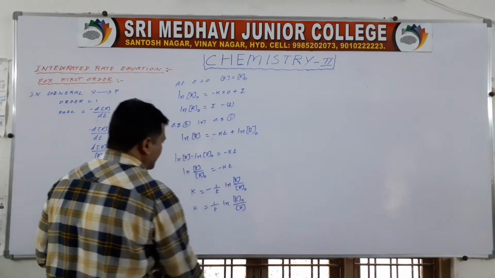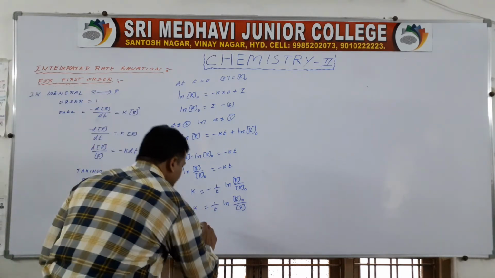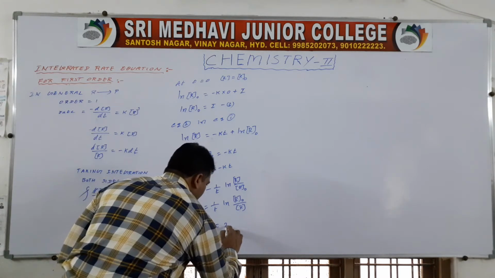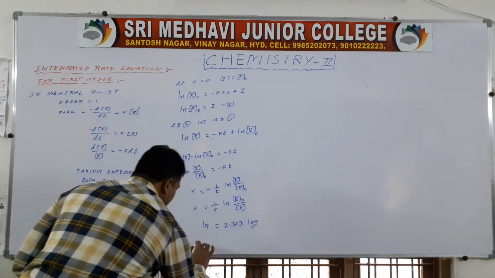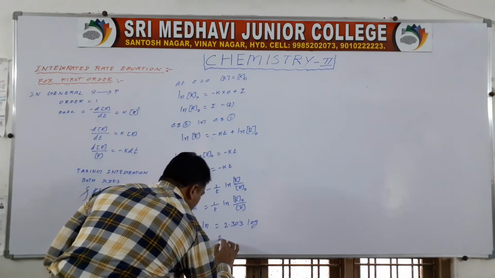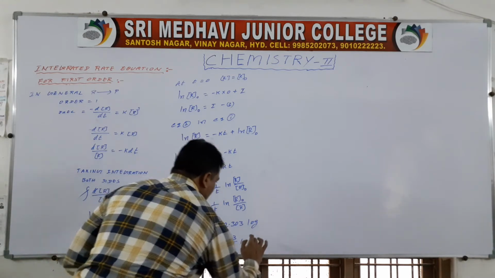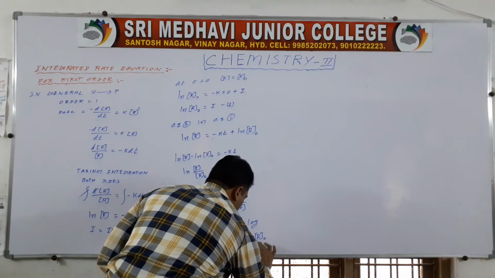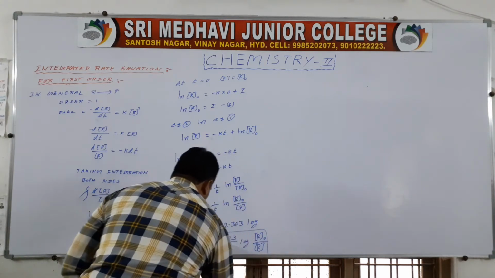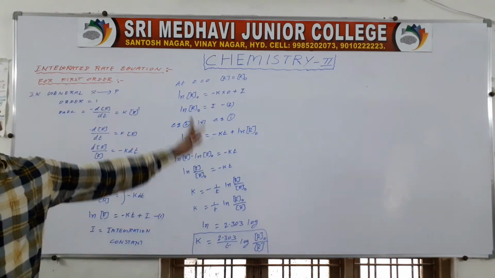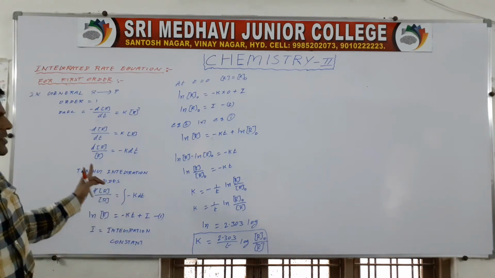Natural logarithm equals 2.303 log, so k equals 2.303 by t log of [R]0 by [R]. It is the integrated rate equation for first order.